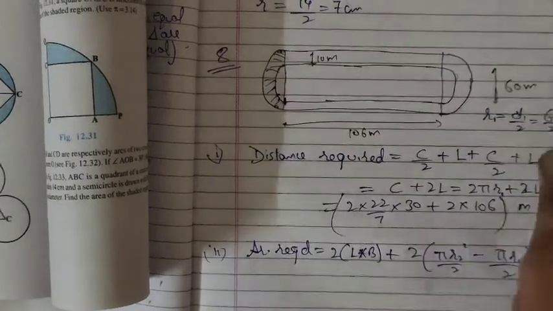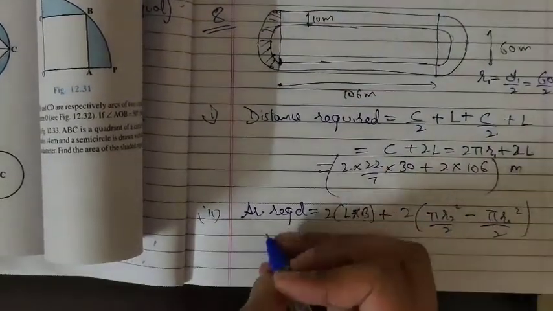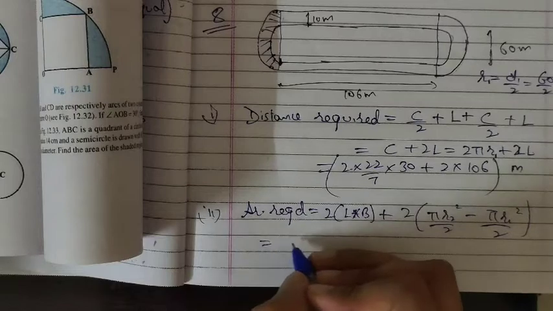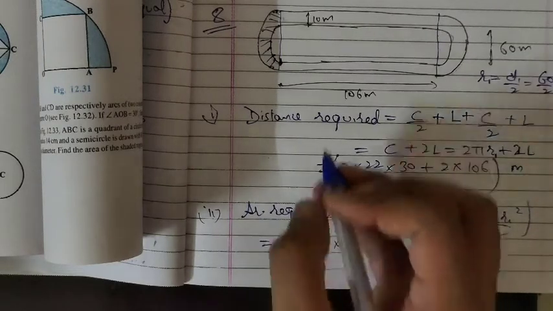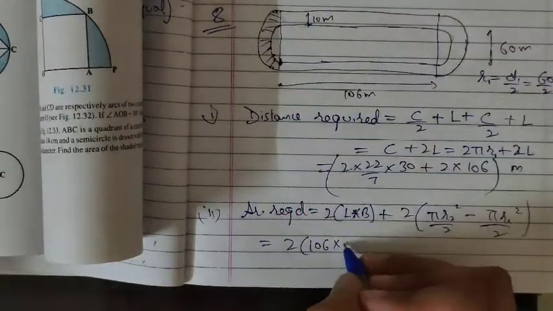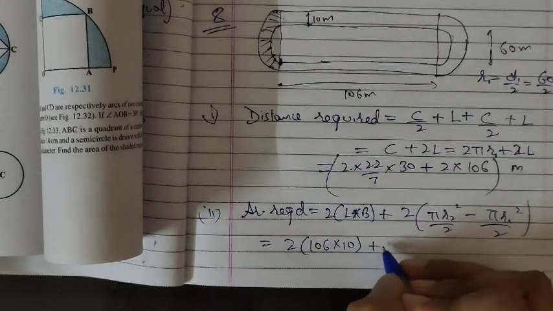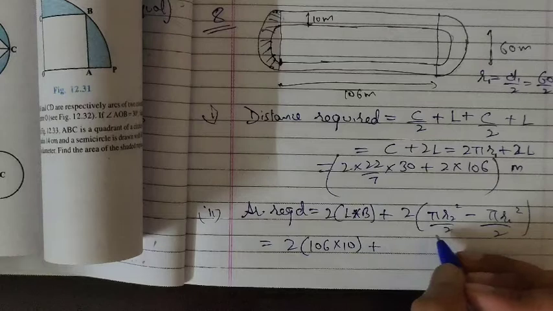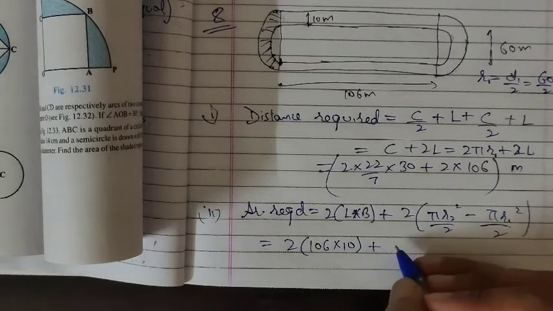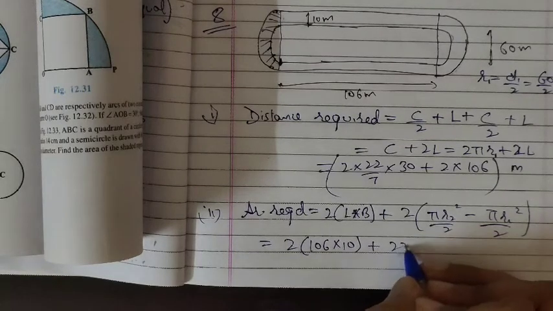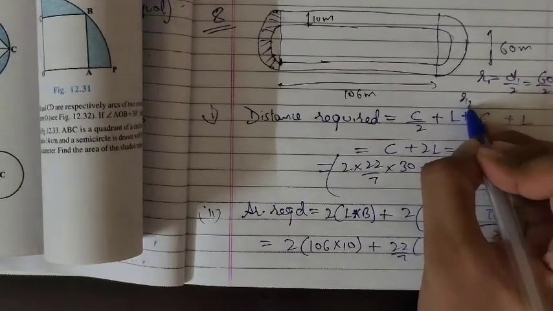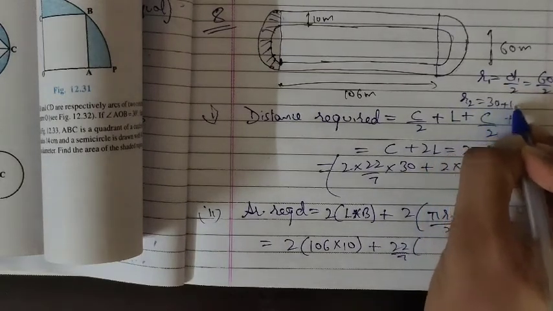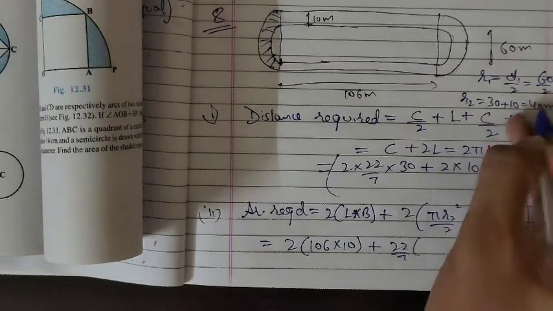So let's put the values. This will be equal to 2 bracket L is 106 multiply breadth is 10, plus, if I take 1 by 2 common, the 2s cancel, and pi common, 22 by 7 common, r2 will be 30 plus 10, 40 meter, right?